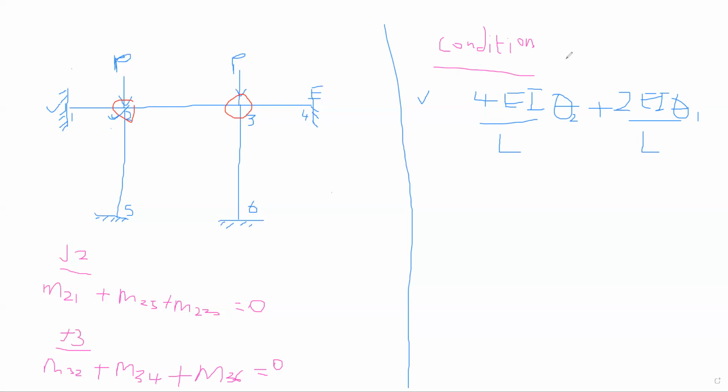So this is when no load is passing through it and one end is fixed. So this is the near end and this is the far end. Do you get it? Yes.